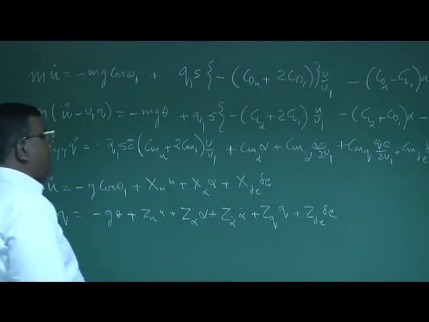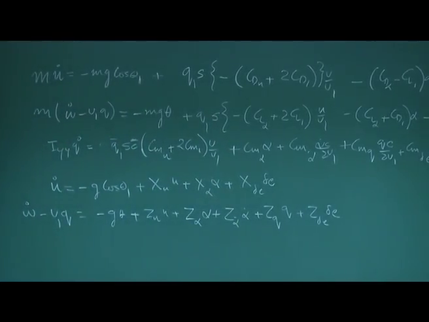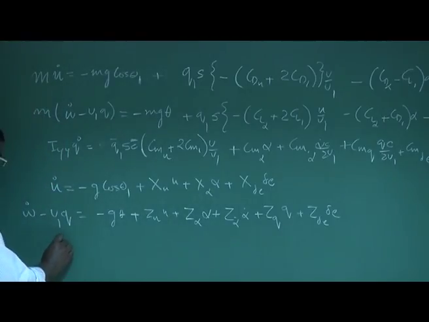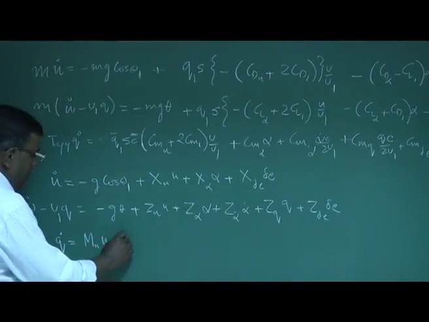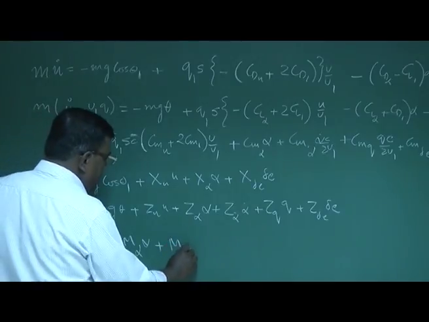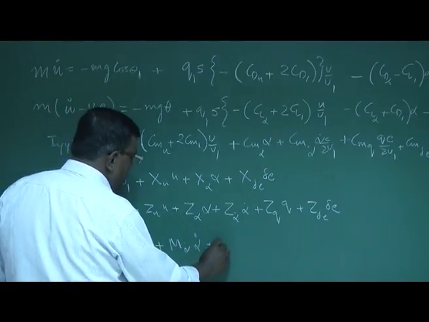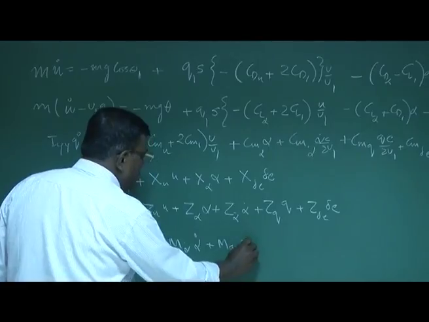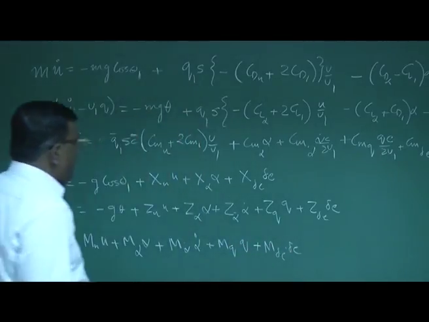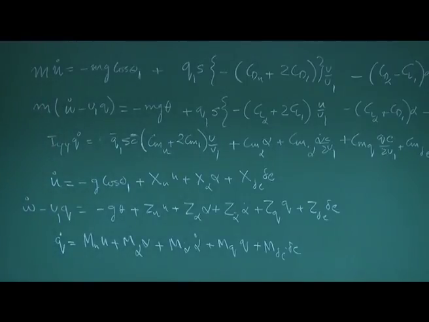Note down that Xu, X alpha, X delta e or Zu, Z alpha, Z delta e, etc. are dimensional derivatives. That is why I don't mind writing Z alpha into alpha. Then I have got q dot equal to Mu into u plus M alpha into alpha plus M alpha dot into alpha dot plus Mq into q plus M delta e into delta e. Okay, all these things we have done.